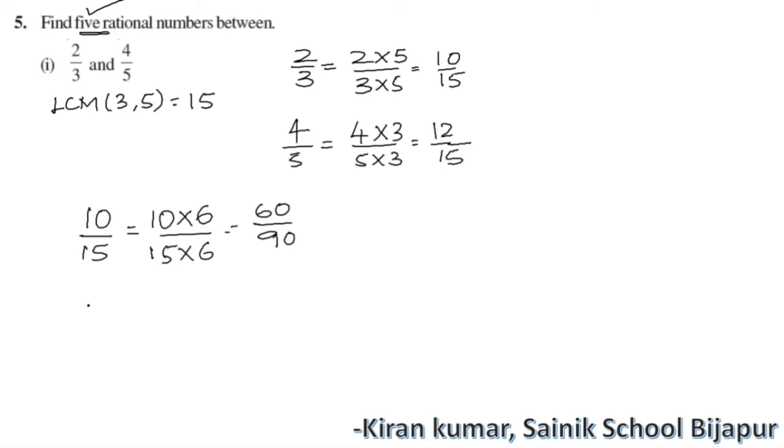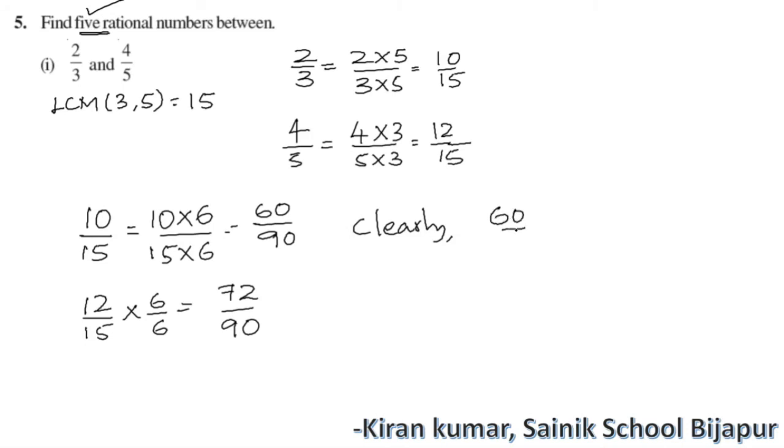At the same time, if I multiply 12 by 15, both numerator and denominator by 6, I'll be getting 72 upon 90. So clearly, we have 60 upon 90 smaller compared to 72 upon 90.